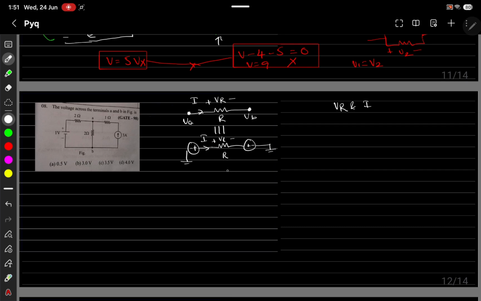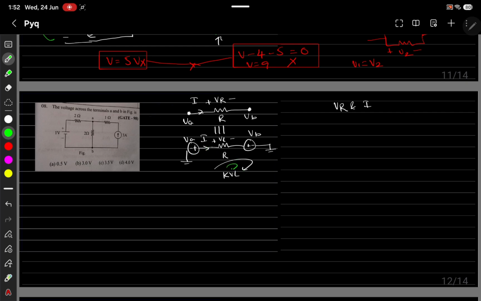Okay, now let's apply KVL here. The statement of KVL is the algebraic sum of voltages across all the elements in a closed loop is equal to 0. This is VA and this is VB. How do we apply KVL?